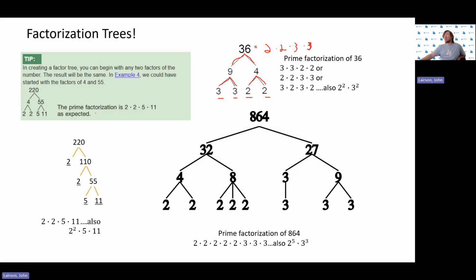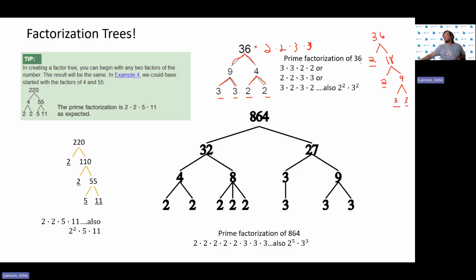Now, like I said, I'll do 36 myself to show how I would do it. I see 36 is even, so I would have done 2 and 36 divided by 2 is 18. This is done here. 18 is again even, so I would do 2 times 9, which is 18. 2 is done. 9 can be broken up into 3 times 3.